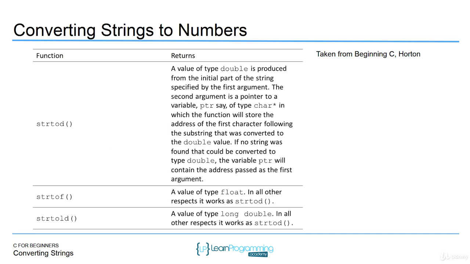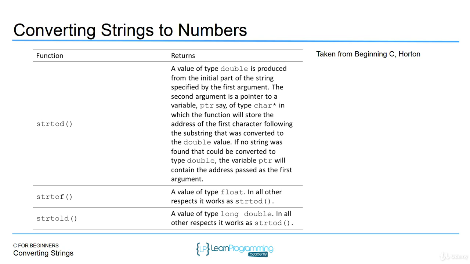You can use these strtod, strtof, or strtold. And they each just convert to either long doubles, floats, or doubles. But either one of them is fine. The ASCII ones are the traditional ones. I think the other strtod and strtof were added in later standards of C.